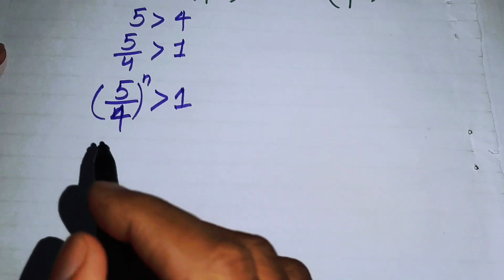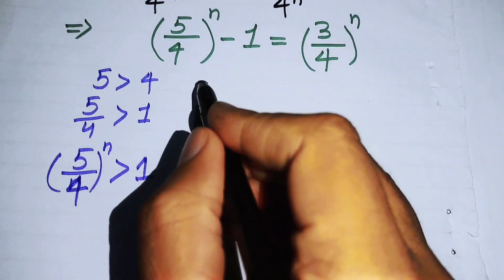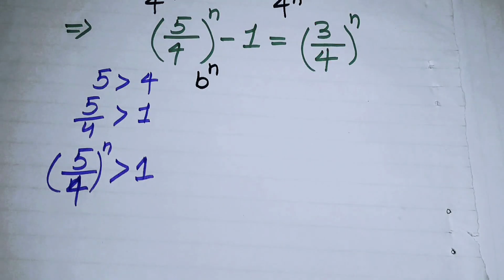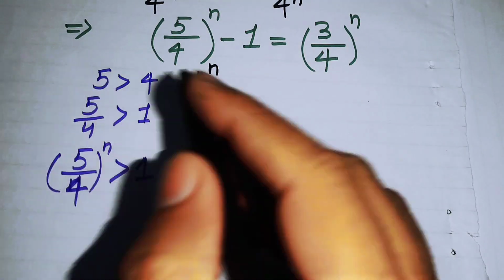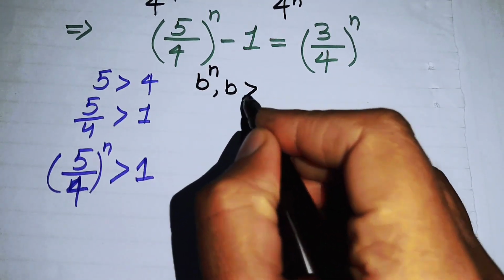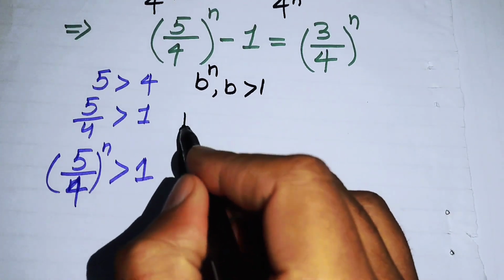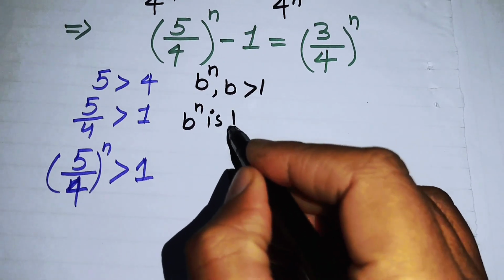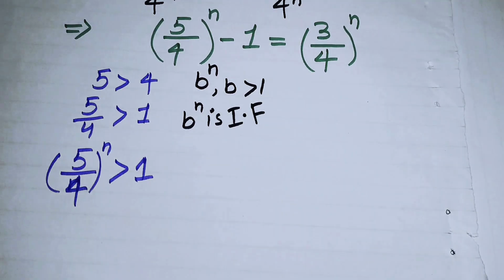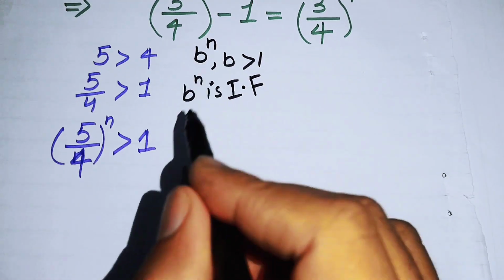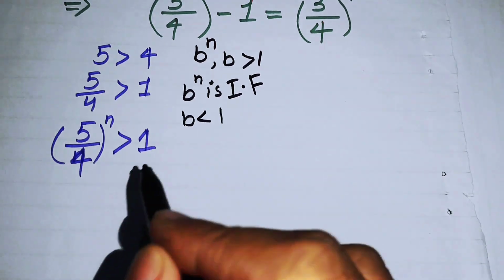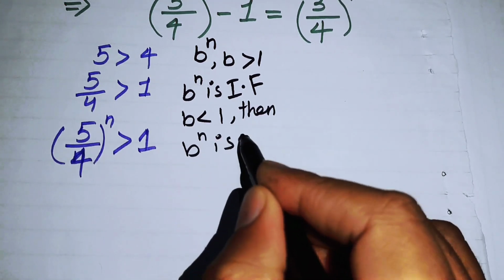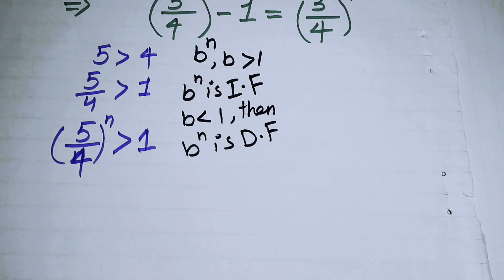You know that if we have some b to the power of n, and our b is greater than 1, then we say that b to the power of n is an increasing function, and similarly if we have some b to the power of n and our b is less than 1, then we say that b to the power of n is a decreasing function.